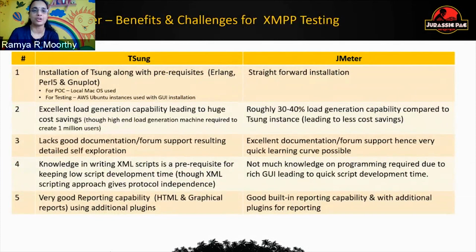It was quite interesting because that really helped us to understand a lot more about how it works at the end of the day, right? So the good thing about TSung, again, to touch upon, is very good, excellent load generation. And if you look at it compared to JMeter, I would say 30 to 40% is what we could have achieved if we had to manage with JMeter. If we have to make this 1 million active connections, you can imagine what cost benefit we could achieve.